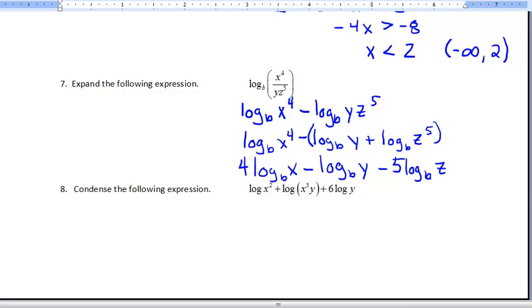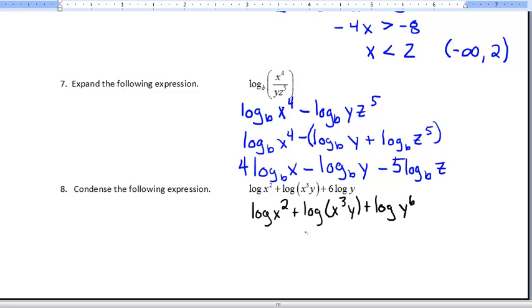So the first thing that we're going to do is look to see if there are any numbers in front of the logarithms. Here we've got a 6, so we're going to bring that up. So we're going to get log of x squared plus log of x cubed y plus log of y to the 6th. And then with all this being addition, it's really going to be multiplying this x squared times the x cubed y times the y to the 6th.